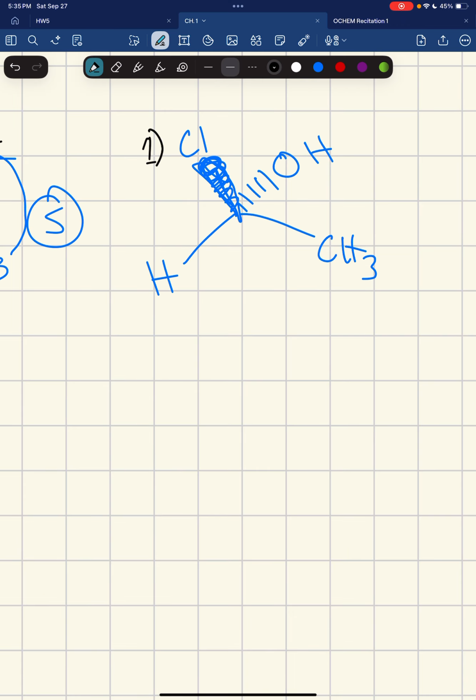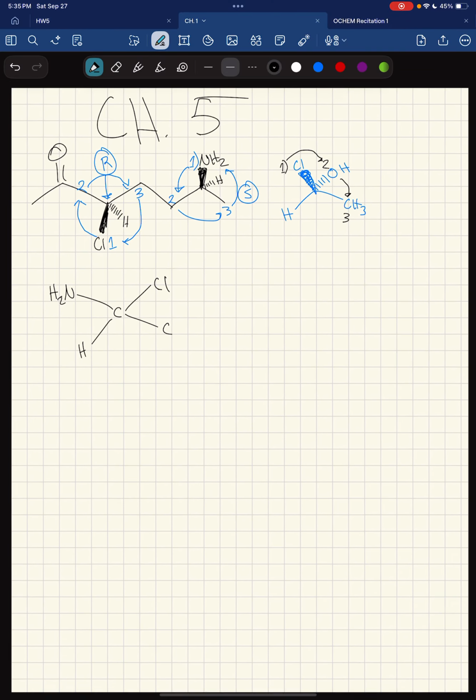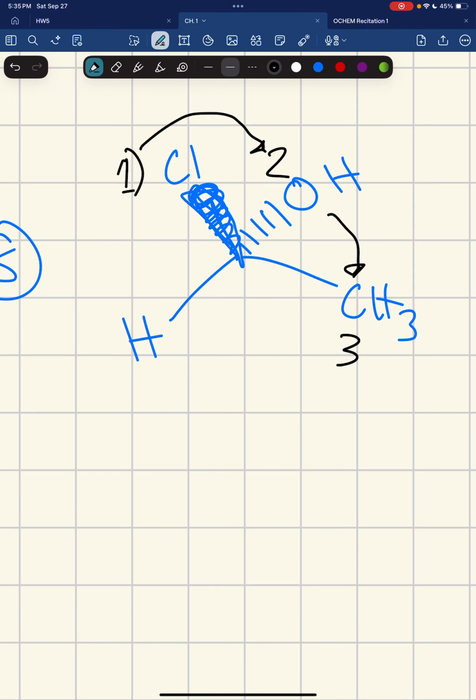So this is 1, because Cl has the highest molecular mass, then 2, and then 3. But as you notice, it looks like it's going clockwise, but the hydrogen isn't facing back. When you're doing the rotation, you have to make sure the hydrogen is in the back to get the correct stereocenter configuration, the R/S configuration.